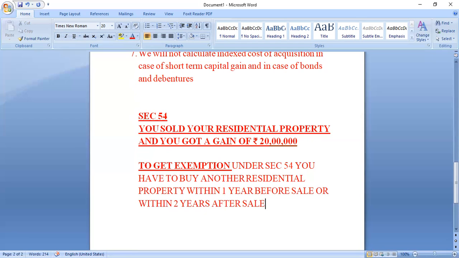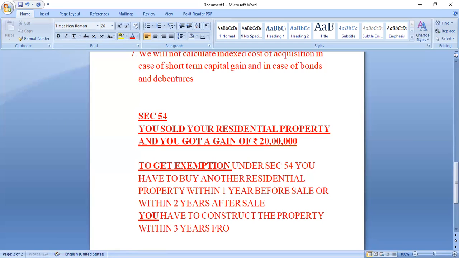Suppose you are constructing the property. What is the time period you will be given to get the benefit? You have to construct the property within 3 years from the date of sale.